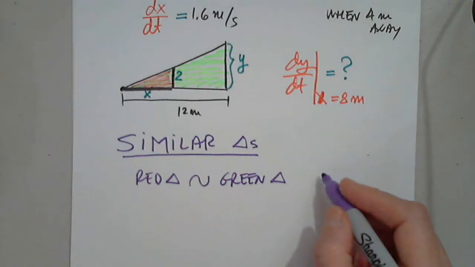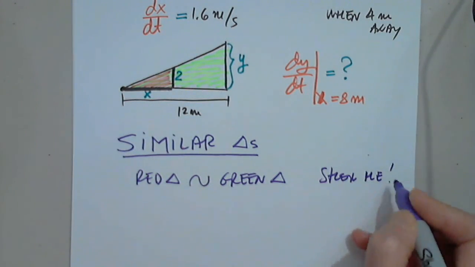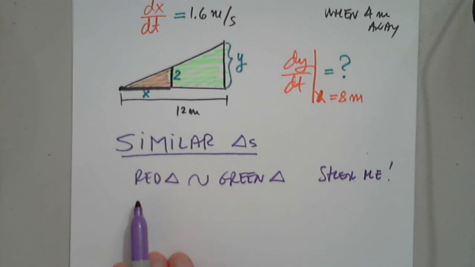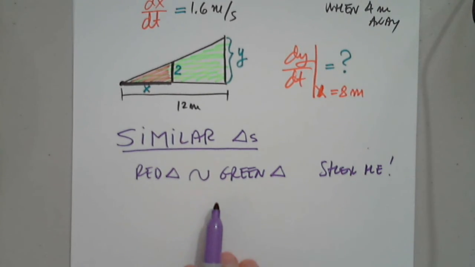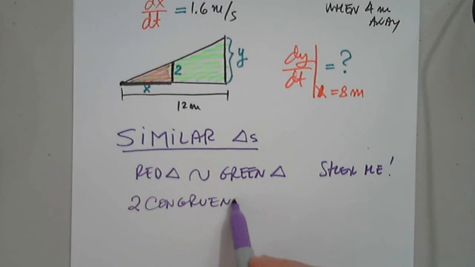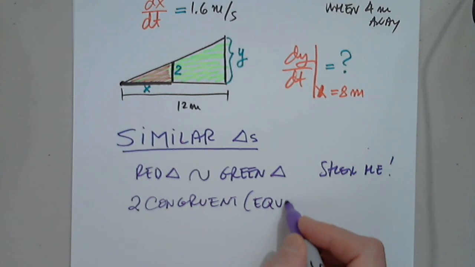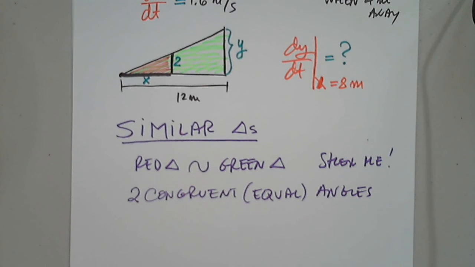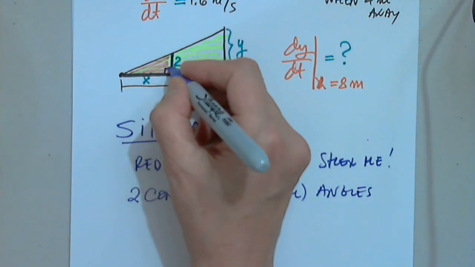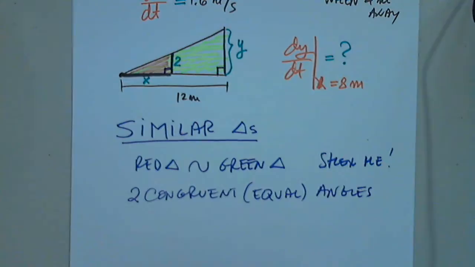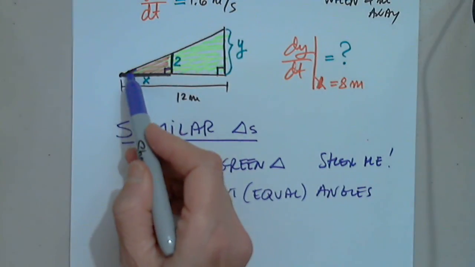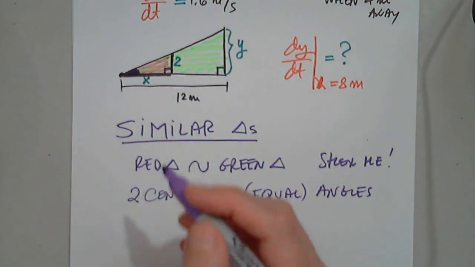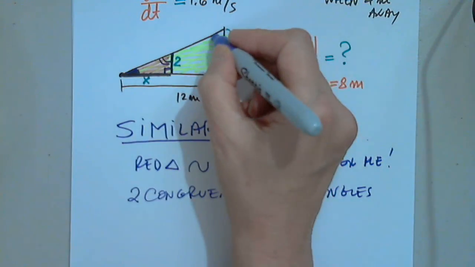And you have to say, show me. What are you talking about? So triangles are similar only if I can show two congruent, which means equal, angles. Because if I show two, the third one must be the same. And I'll show you two congruent or equal angles. This one and this one. They are the same. And this one is a common angle. So therefore, these two have to be the same.